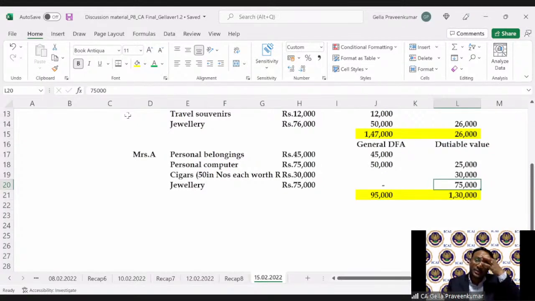Sairam is asking this question. Sir, if cigar's value is more than 50,000, then it will be considered in Rule 1. Not Rule 1, Annexure 1, Sairam. Annexure 1 has given cigars up to 25 numbers. Overall 50 numbers. Now I'll clarify this way, Sairam.